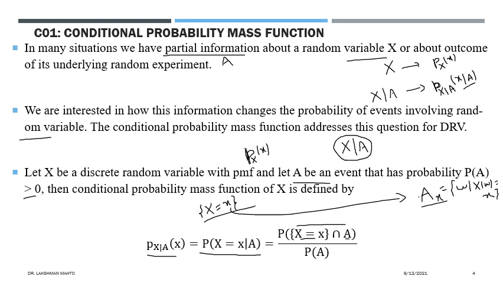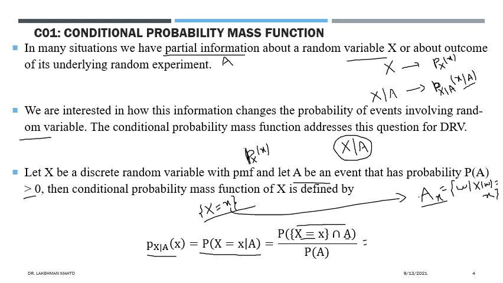Directly it is coming, that means how much of X equal to x is happening within A divided by how many times A is happening, so what is the chance of happening of A. So it is directly coming as a conditional probability.